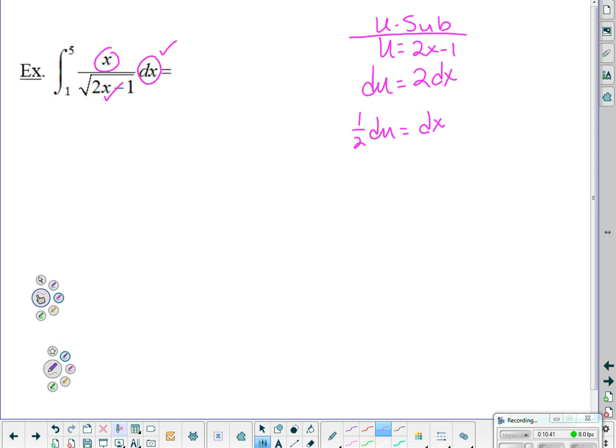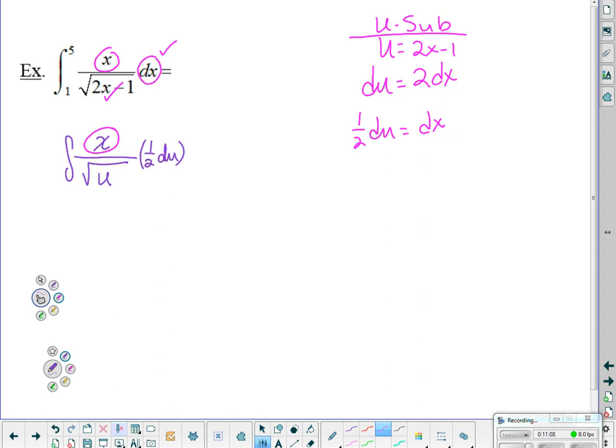What I don't have figured out is my x. If you wanted to, you could track your progress. I'm sitting with the square root of u and then a 1/2 du replacing that dx. And of course, we're talking about this x. So that's going to require a double substitution, is kind of how I like to think of it. So another sub going on.